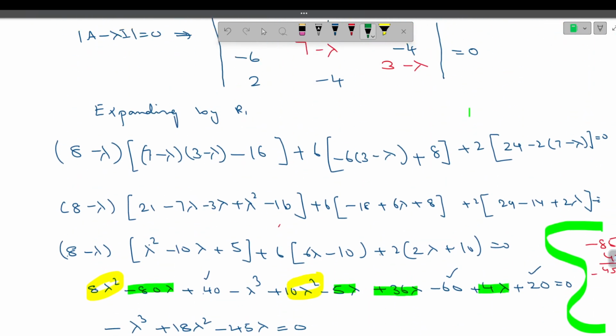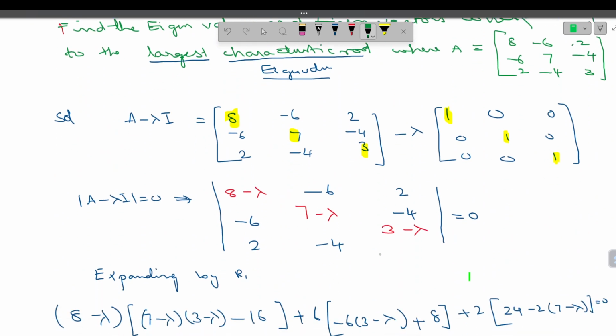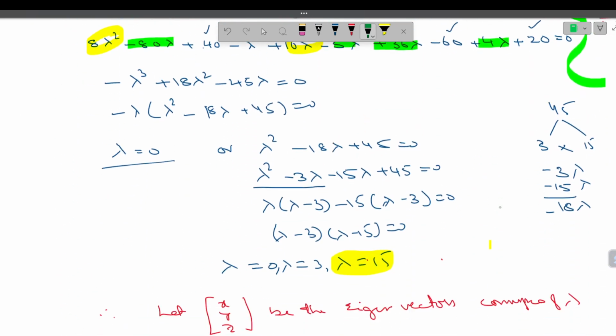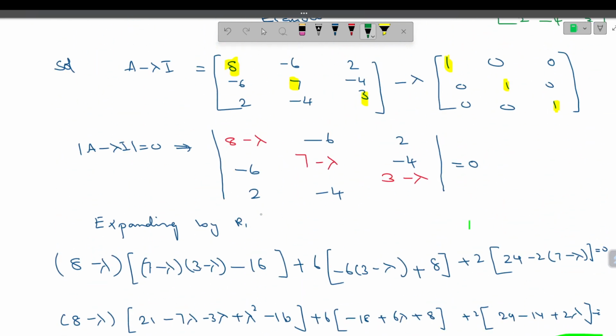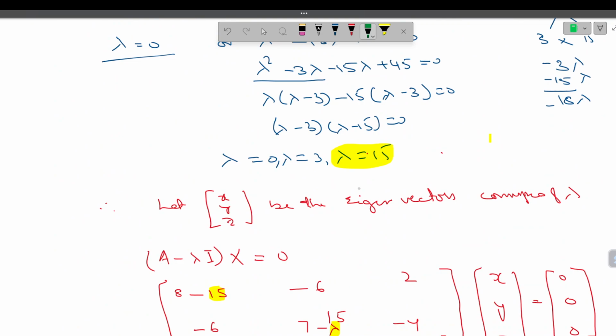See here, please, one more time. What we have to do, we have to find the eigenvalues and eigenvectors. So for eigenvalues, mod of A minus lambda I equal to 0. Expand the determinant, find the value of lambda. Because it is a 3 by 3 matrix, lambda will have 3 values: 0, 3, 15.